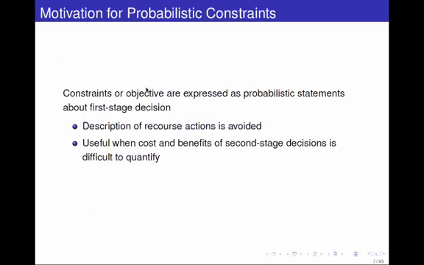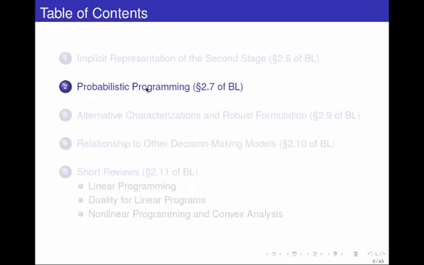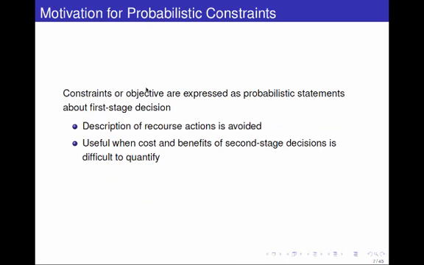Okay, so the content of this part is probabilistic programming. Like I mentioned in the previous class, probabilistic constraints are just another way of basically avoiding writing too many details about the second stage of decision making.